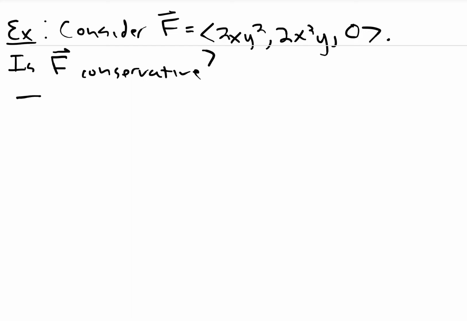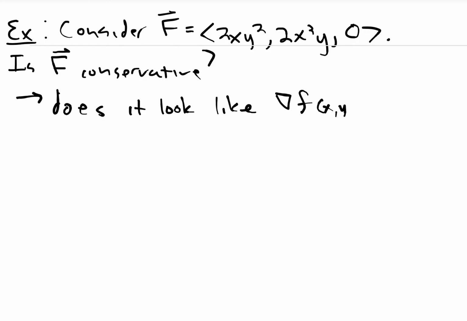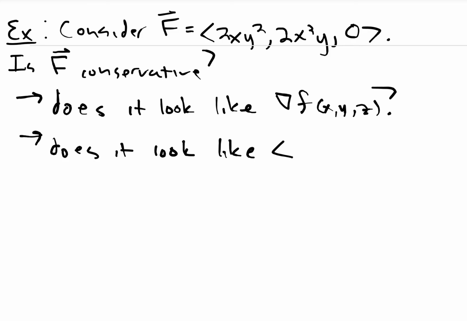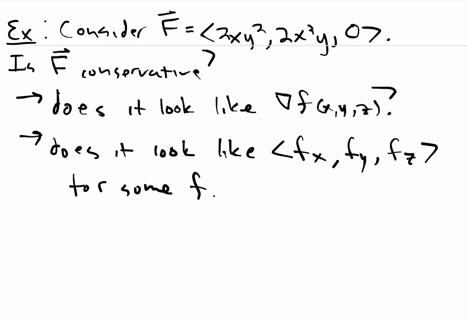Well, really what I'm asking is, does it look like the gradient of some f of x, y, z? Or another way I can phrase this: does it look like I took a bunch of partials? Does it look like an fx, an fy, and an fz for some f? Now, I can actually check this, right?